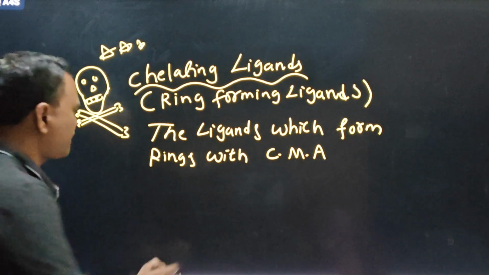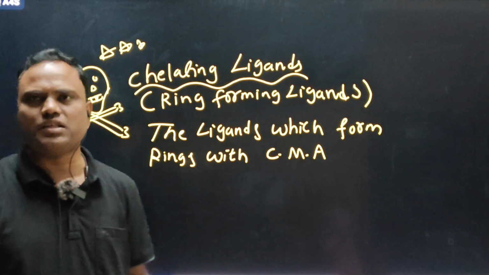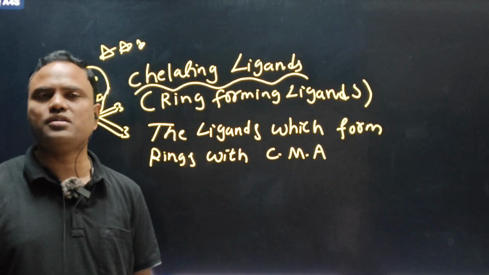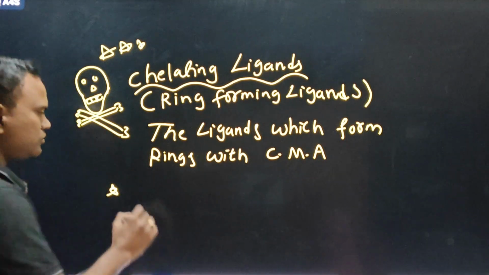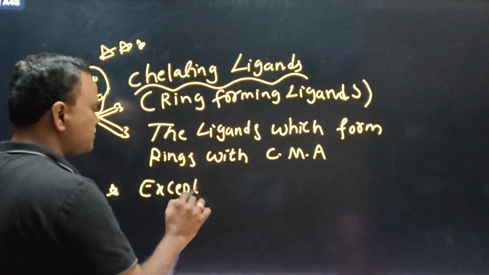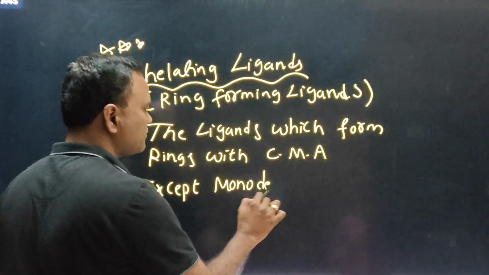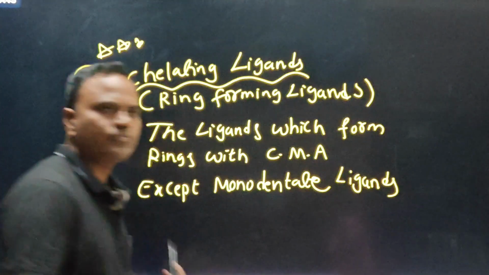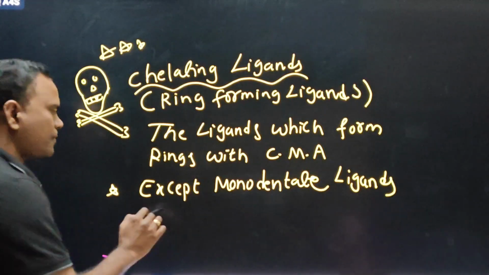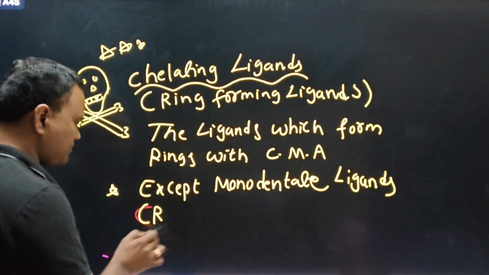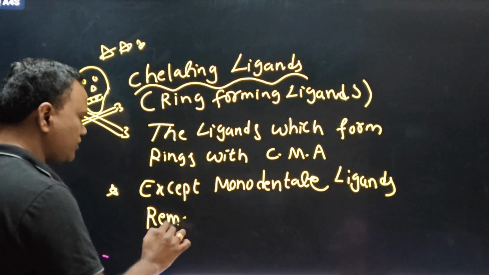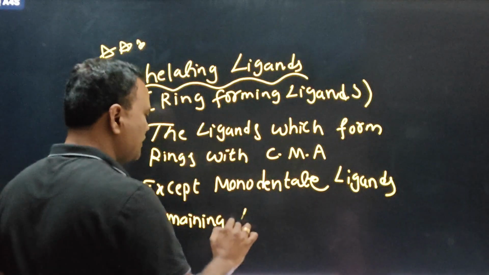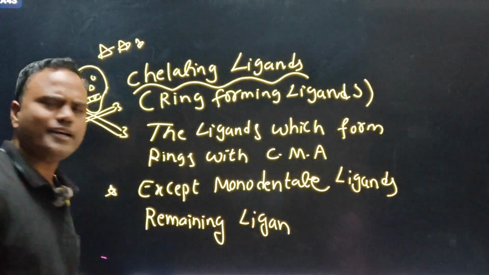Look at this. One important statement I am giving: except monodentate ligands, the remaining ligands can be considered chelating ligands. Except monodentate ligands, the remaining ligands mean bidentate, tridentate, tetradentate, and so on.